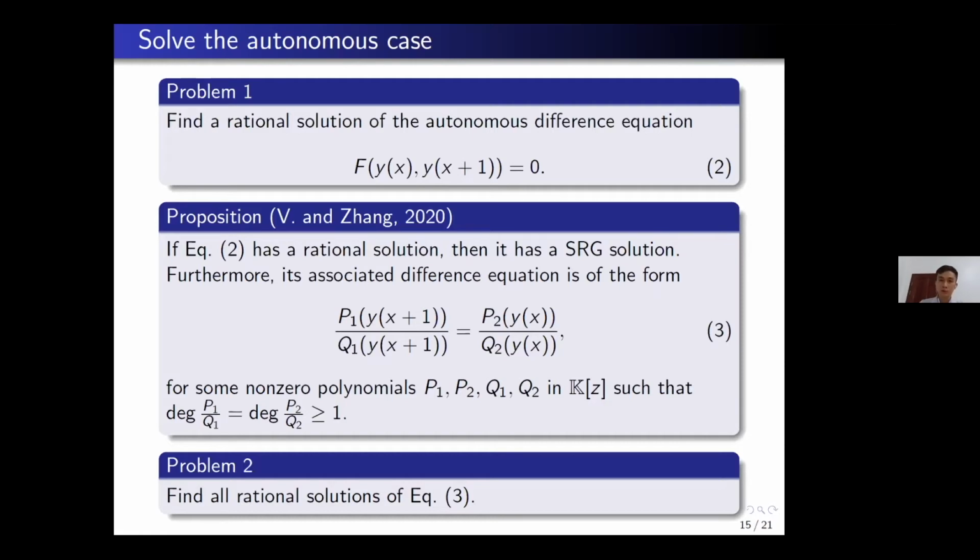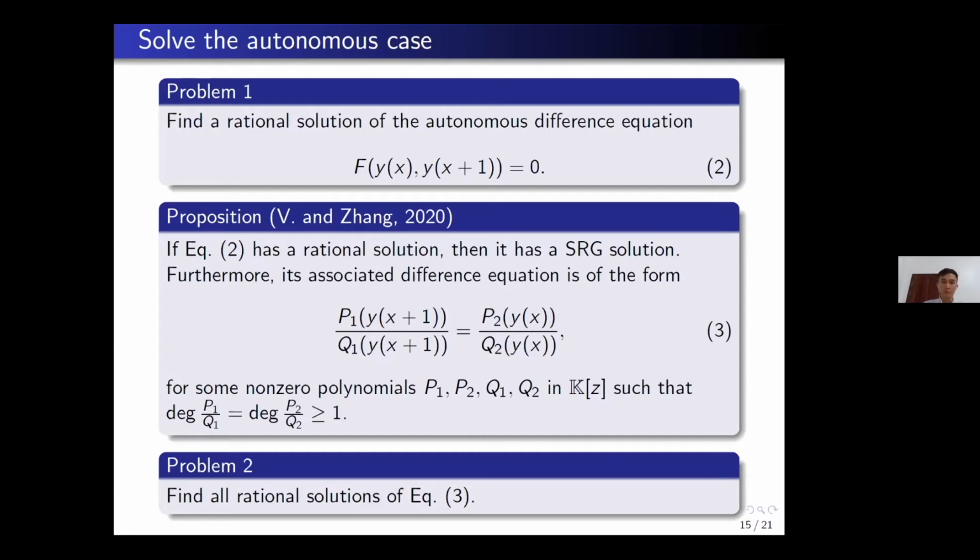Call it equation 2. By using the technique of the previous section, we can derive a separable differential equation like this. We prove that if equation 2 has a rational solution, then it has a strong rational general solution, of course, by shifting x to x plus an arbitrary constant.